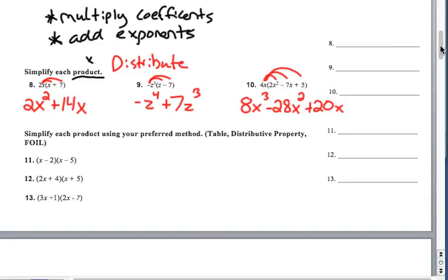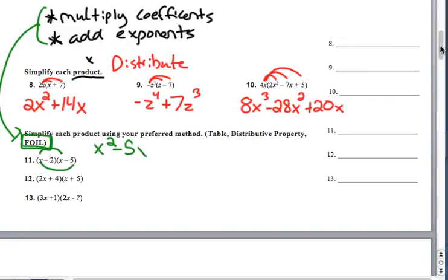Our next section, these same rules right up here still apply down here because we're still multiplying. But this time, we're going to be talking about foiling. Remember, when you multiply binomials, that is a foiling process. So remember foiling. First: x times x is x squared.